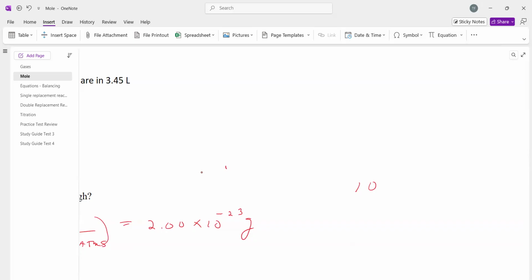Okay, just like if we had a dozen apples, weighs 5 pounds. What does one weigh? You divide the 5 pounds by 12, right? Same thing.